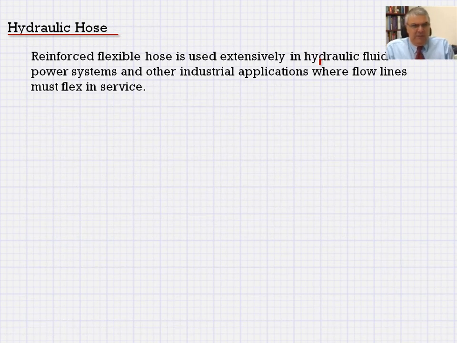Also, the hydraulic hose is of note here. Reinforced flexible hose is used extensively in hydraulic fluid power systems and other industrial applications. In that case, those applications require the pipe or the hose to be flexible.